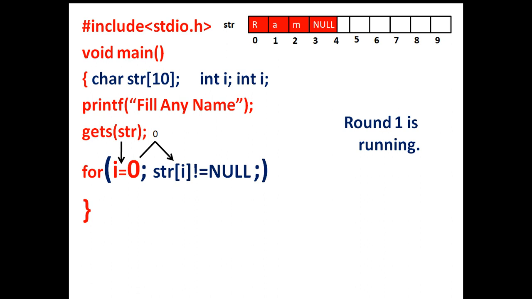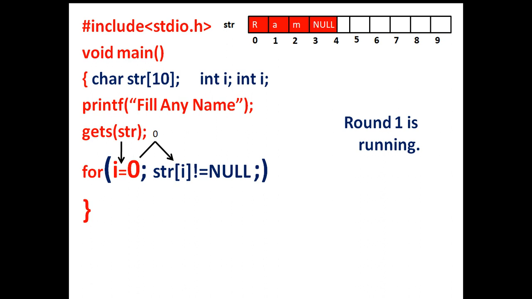When the loop condition is false, then the loop will be terminated. So here we have written the condition for when to stop our loop. We have to stop our loop when the i variable reaches the null location.